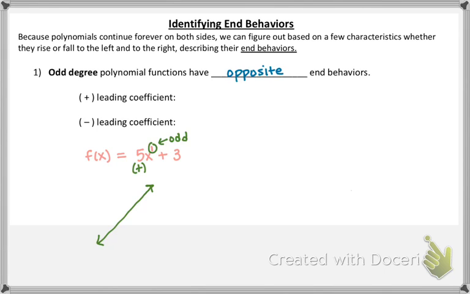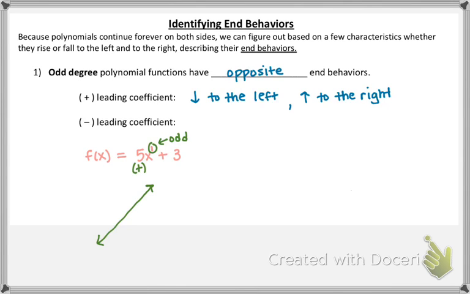So if it's an odd degree polynomial, we know that it has opposite end behaviors. And if it has a positive leading coefficient, it tells me that eventually my graph is going to go up to the right, meaning that it must go down to the left on the left side of the graph, because it has to be opposite.